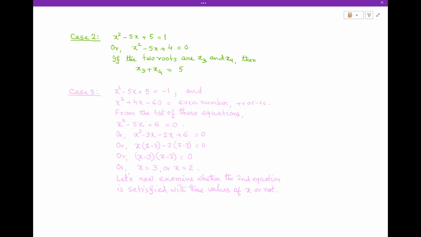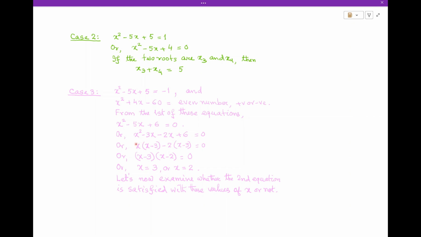Case number 3 finally is x² − 5x + 5 is equal to −1, and x² + 4x − 60 is equal to an even number, positive or negative. From the first of the two equations, x² − 5x + 6 is equal to 0, and this we can factorize as given here. We can write x² − 3x − 2x + 6 is equal to 0.